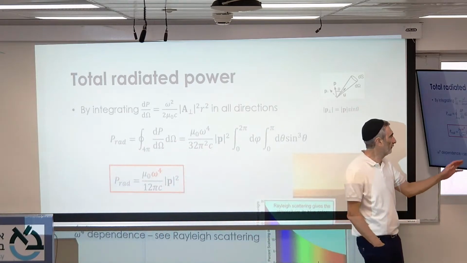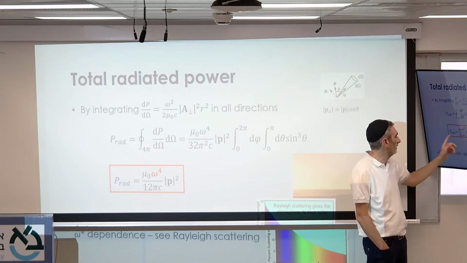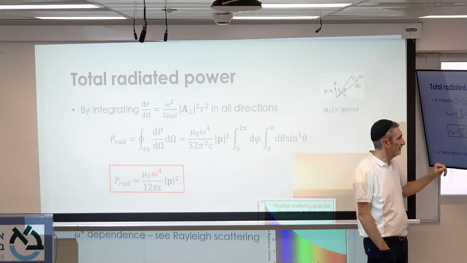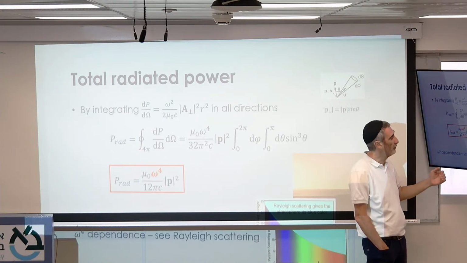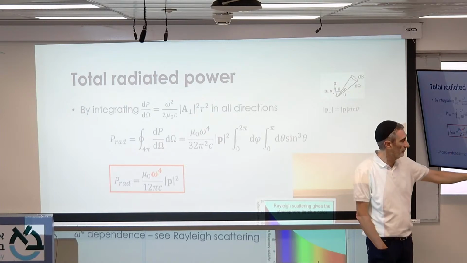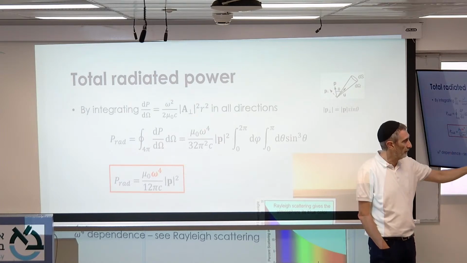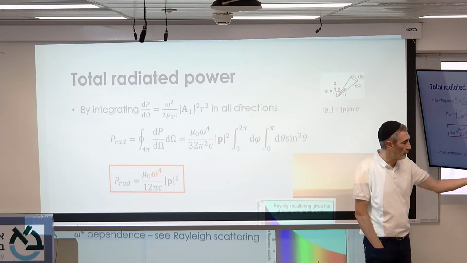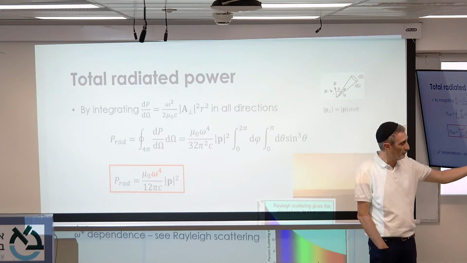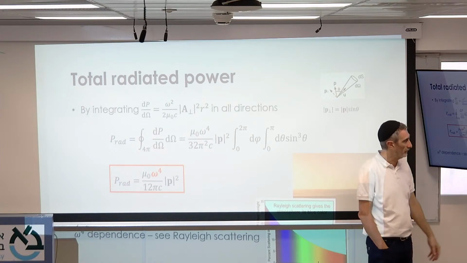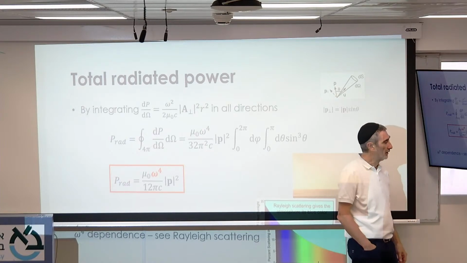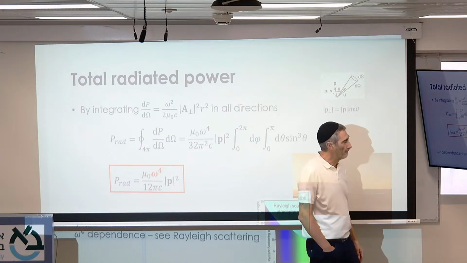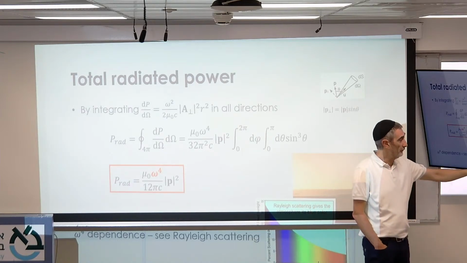So for small values of omega, so for large values of lambda, the radiation is less than for small values of lambda, large values of omega. For small values of lambda, this is blue, going to red, so scattering is much stronger for the blue than for the red.